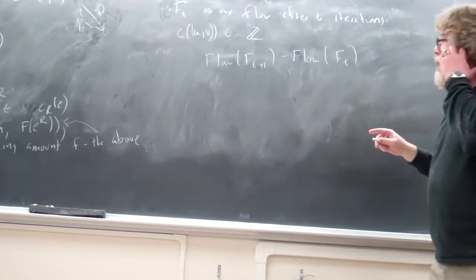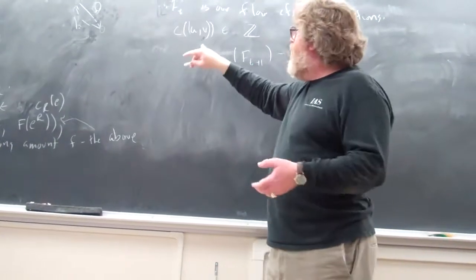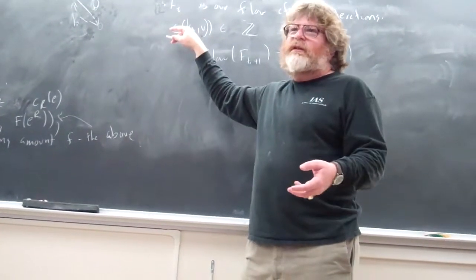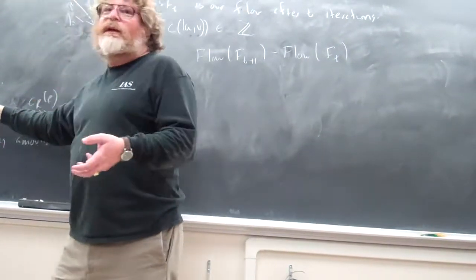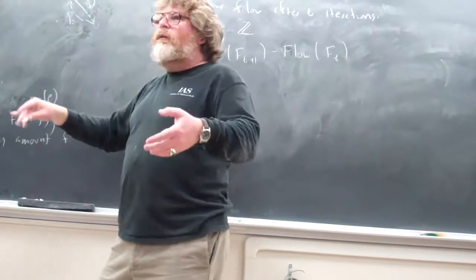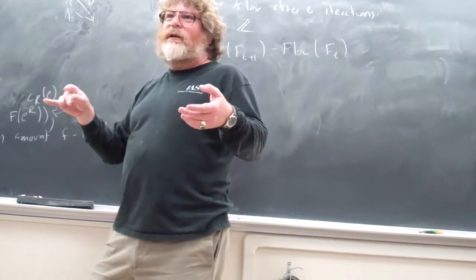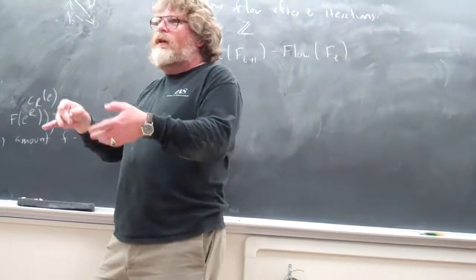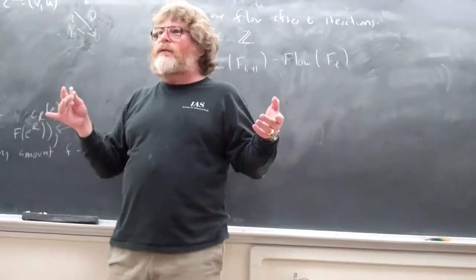One nice thing about this algorithm is that if the capacities start as integers, then this f is always going to be an integer. The residual capacity, that means the amount we change the flow, is always an integer. And so everything in the picture stays integral.